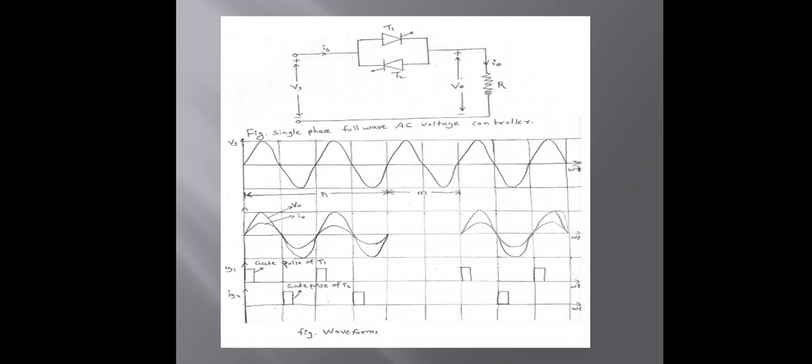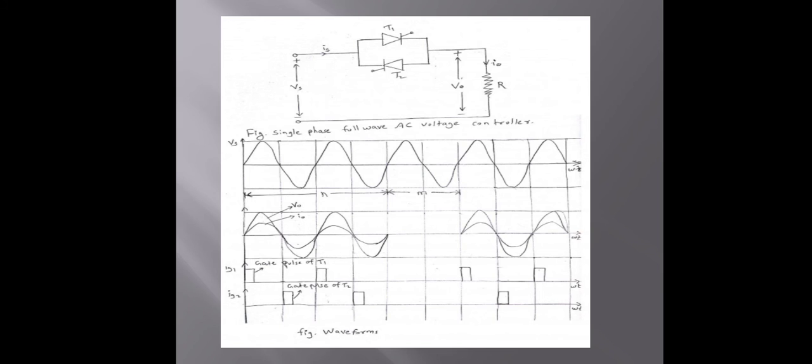Mathematically, at omega t equal to 0, 2 pi or 4 pi, thyristor T1 is triggered at alpha equal to 0.